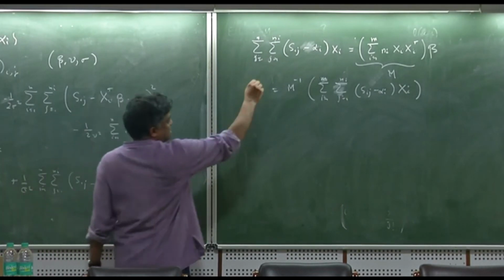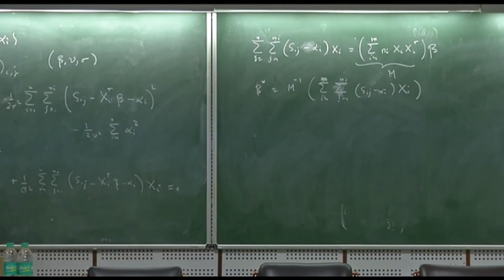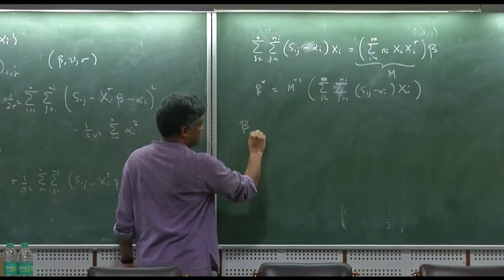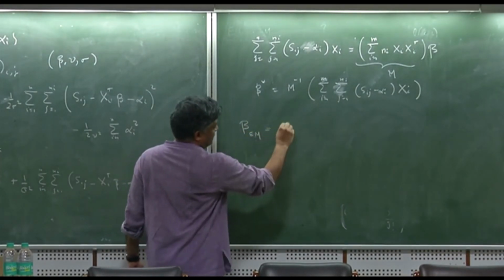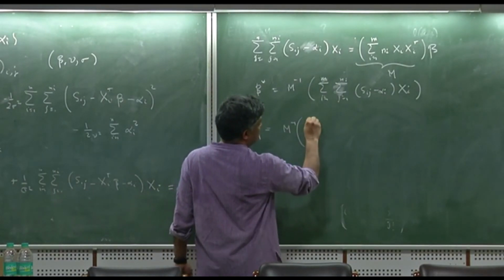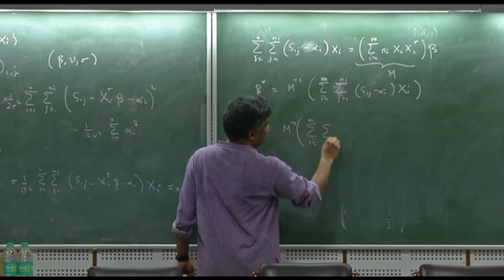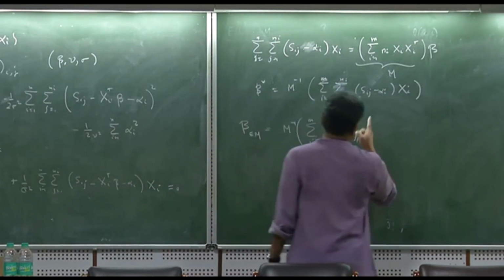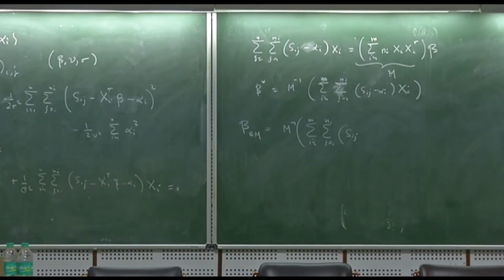The algebra looks a little bit different, but it's really linear regression. Nothing else happened there. So now if I want to do my EM beta, what will I do? The M inverse remains the same. The summation of i going from 1 through n, summation of j going from 1 through n_i, of S_ij, and now what will change over here is the alpha, which I had assumed to be latent and known.